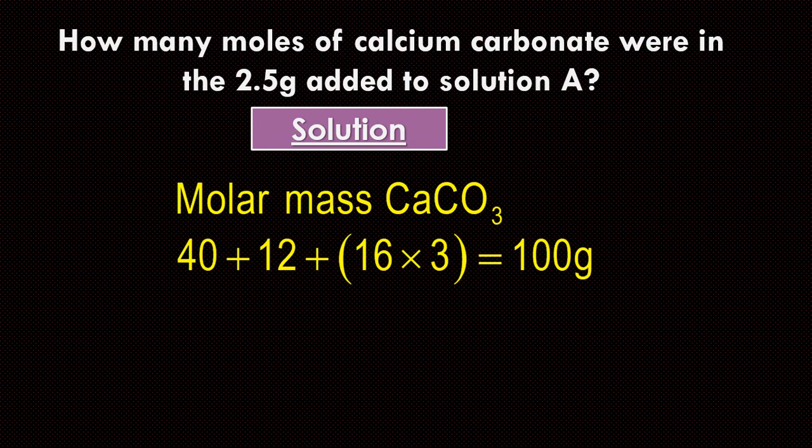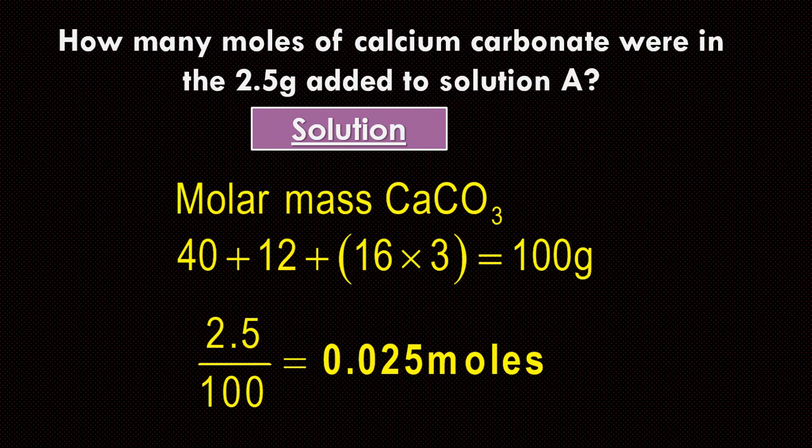Therefore, 1 atom of calcium, 40, 1 atom of carbon, 12, 3 atoms of oxygen, 16 times 3, and when you add that up, it gives you 100 grams. Therefore, 1 mole of calcium carbonate has a mass of 100 grams. What about 2.5? So 2.5 divided by 100 gives us 0.025 moles of calcium carbonate.